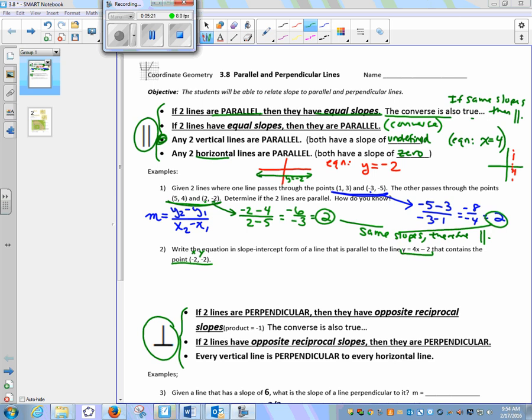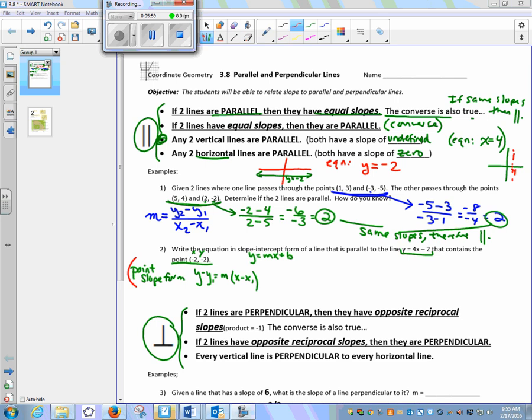We have learned slope-intercept form, y equals mx plus b, and we've learned point-slope form, which is y minus y1 equals m times x minus x1.